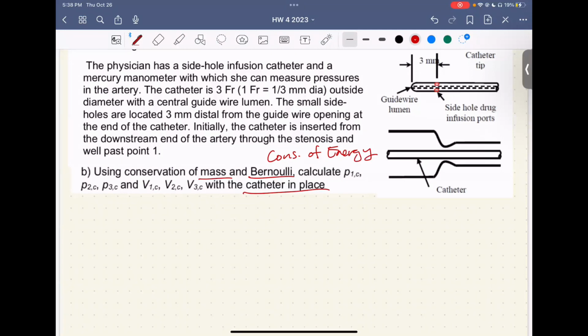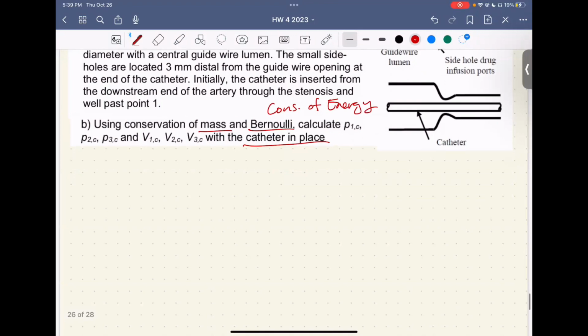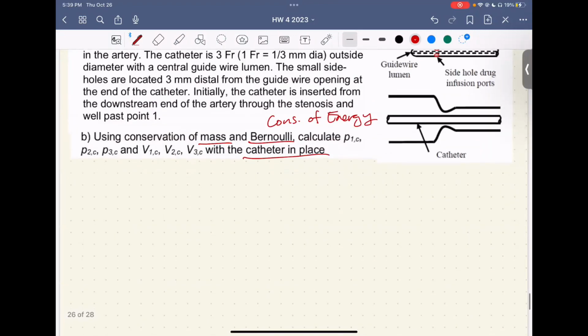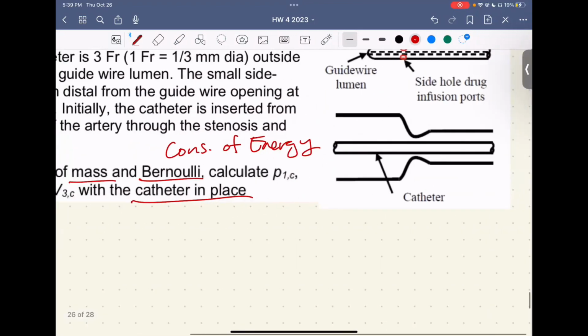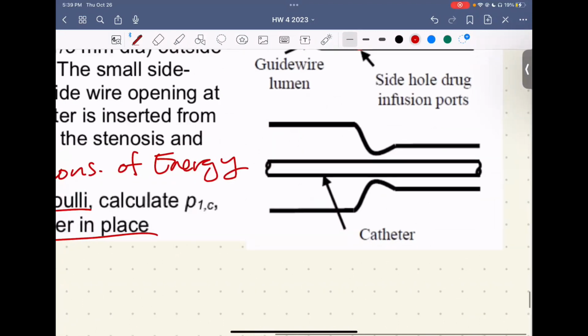Now before we keep going, let's think about what happens when we put the catheter in place. You can see right here, the catheter takes up cross-sectional area in flow.